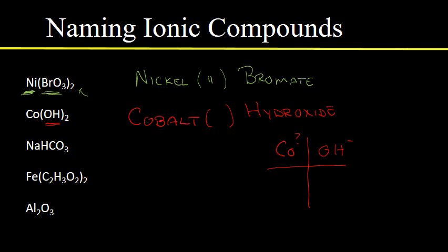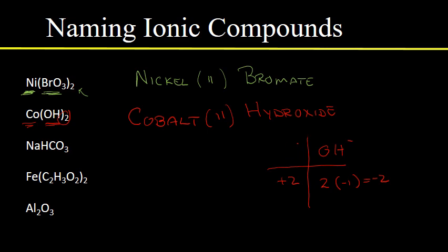Hydroxide's got a charge of -1, and there are 2 of them, so the total negative charge is -2. That means the total positive charge has got to be +2. And if we've only got 1 cobalt and the total charge is +2, the cobalt must be a cobalt 2+ ion. So we'd call this cobalt 2 hydroxide.